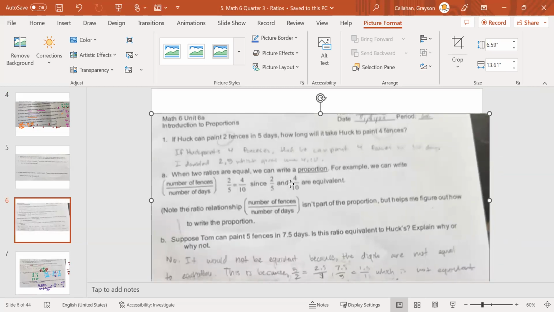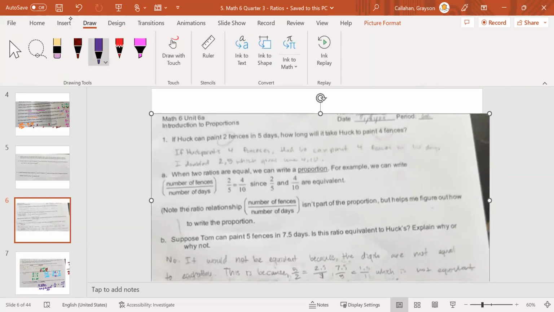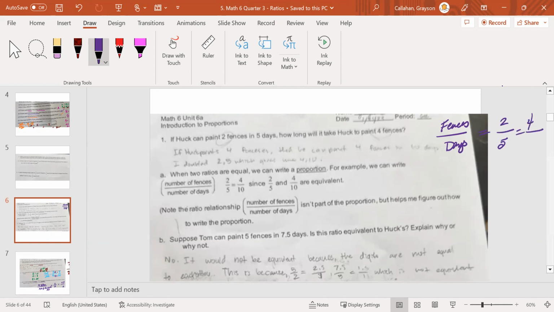Question number 1. If Huck can paint 2 fences in 5 days, how long would it take him to paint 4 fences? You need to go ahead and show the work. You're not showing the work here. Fences over days, right? Fences is 2, days is 5, equals 4 fences, x.